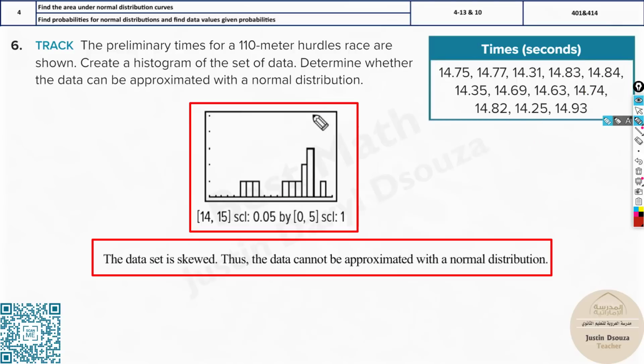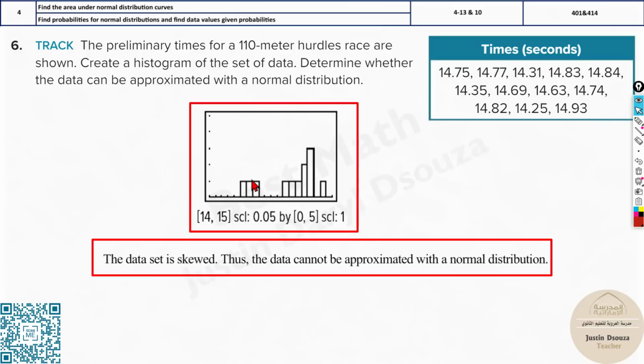The range of these is approximately 0.05, in the sense 14.70 to 14.75, and then 14.75 to 14.80, and so on. That's the range.